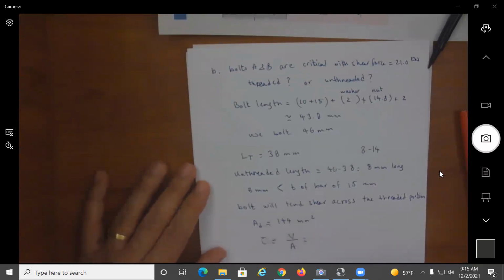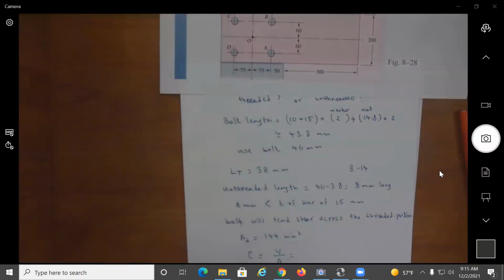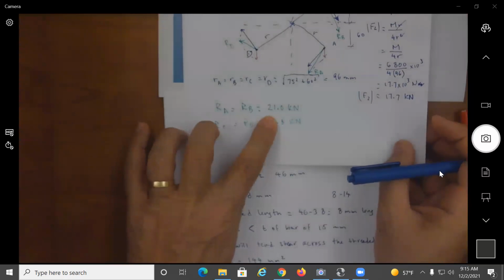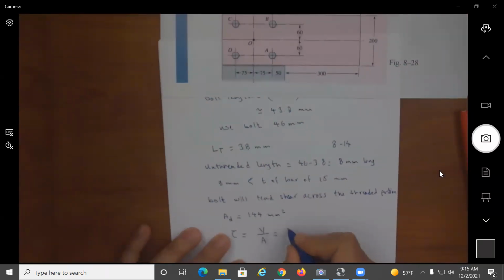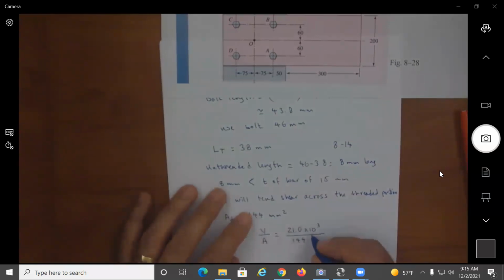In this case, I'm going to be using the maximum shear force we just found, which is 21 kilonewton, and I divide it by 144 millimeter squared, so this is times 10 to the minus 6.